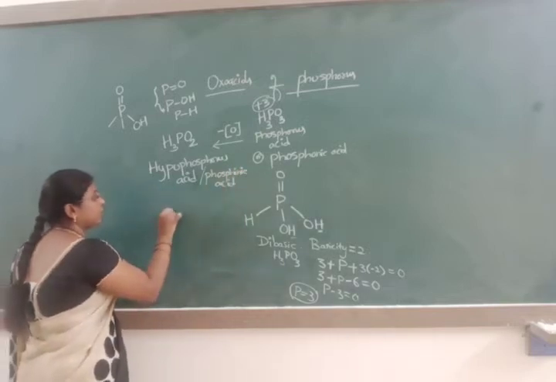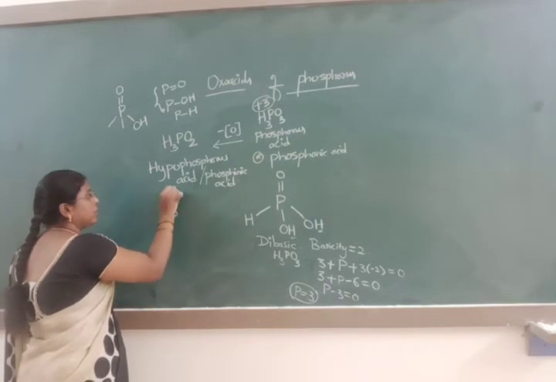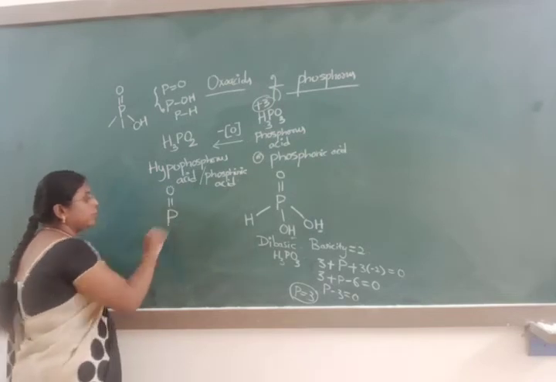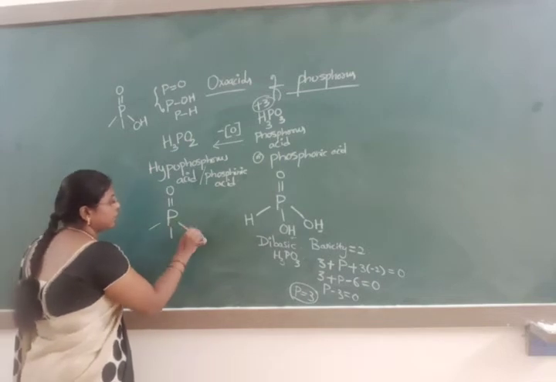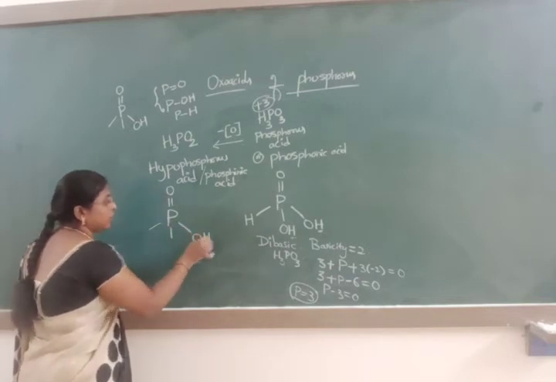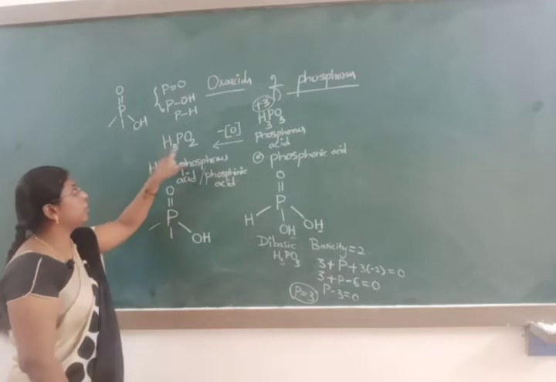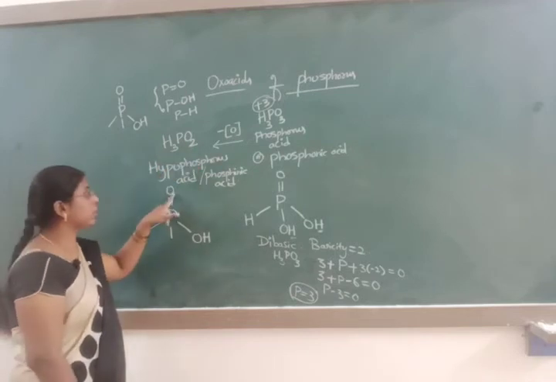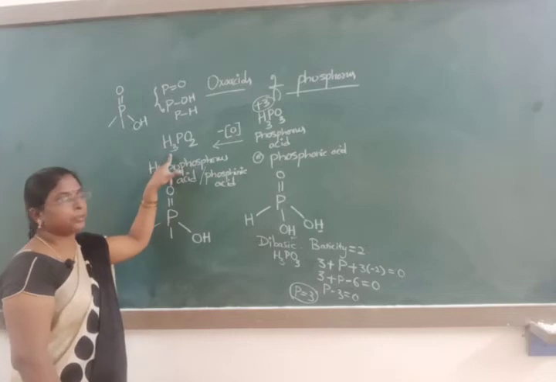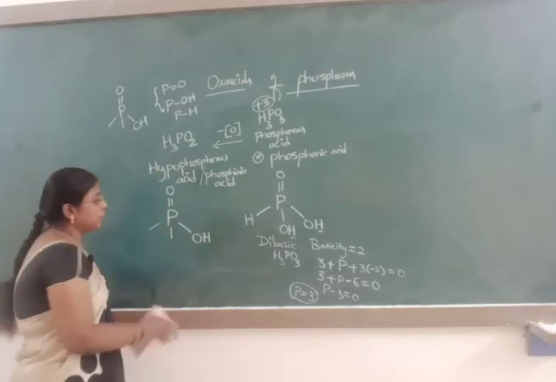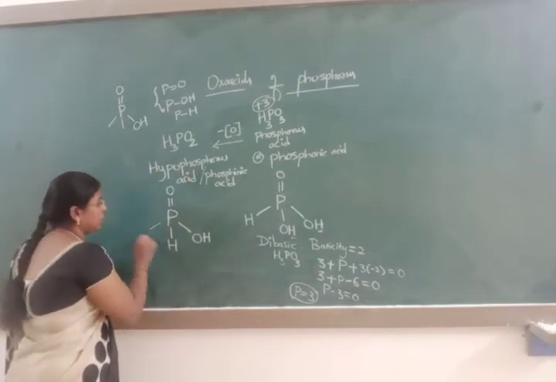How can we write the structure here? One phosphorus having P double bond O. On this side, compulsorily it will be OH. So 2 oxygens are used here, one here and another here. Out of 3 hydrogen atoms, 1 we have written, and the remaining 2 hydrogens will be on phosphorus.